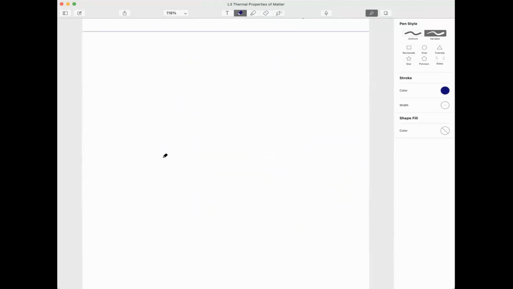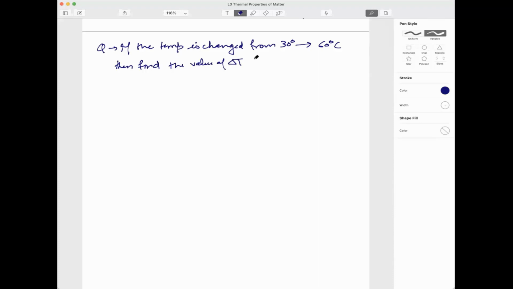Okay. So now the question is: if the temperature is changed from 30 degrees centigrade to 60 degrees centigrade, find the value of delta T in Kelvin and Fahrenheit scale.